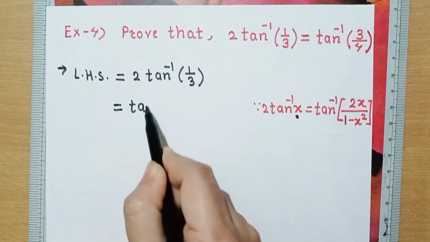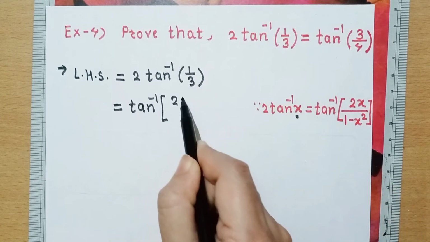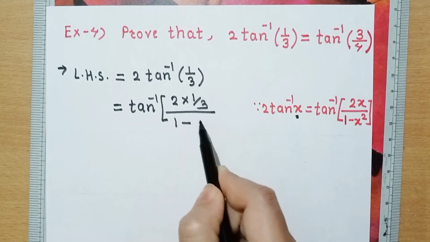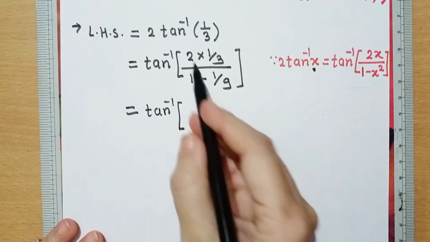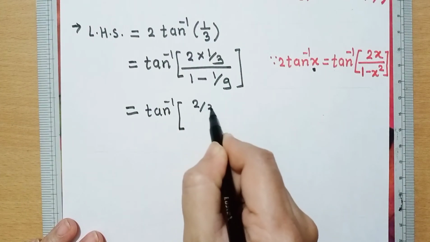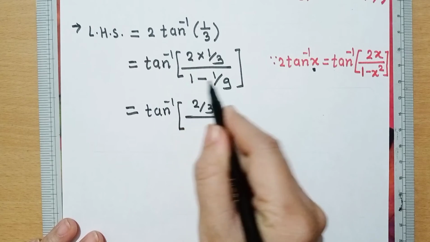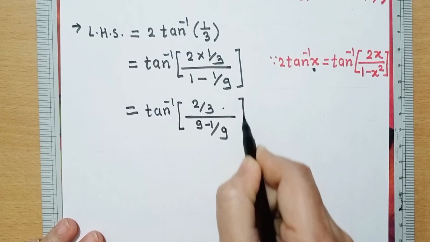So we have tan inverse of twice x. So we will write here 2 multiplied by 1 upon 3 and 1 minus, again x square means 1 by 9. So this is 2 by 3 and again in the denominator 9 ones are 9 minus 1. So I am writing this.